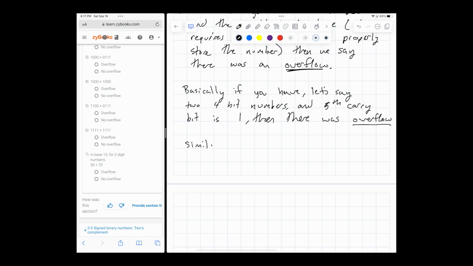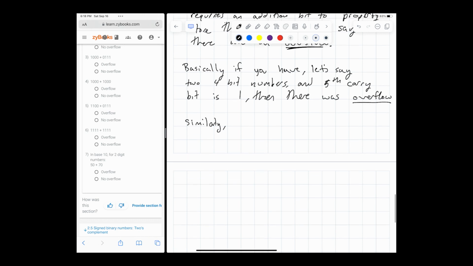Similarly, if you had like two 16-bit numbers, with two 16-bit numbers, if the, let's say, 17th carry bit was non-zero, well, which means 1, right?